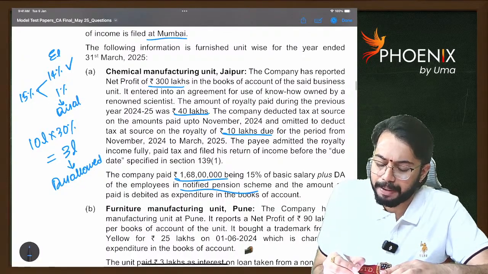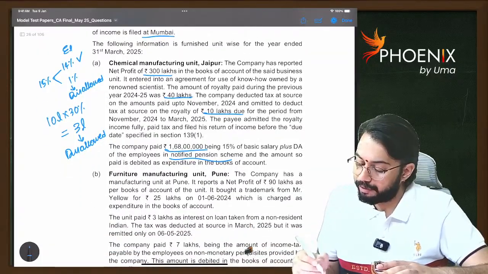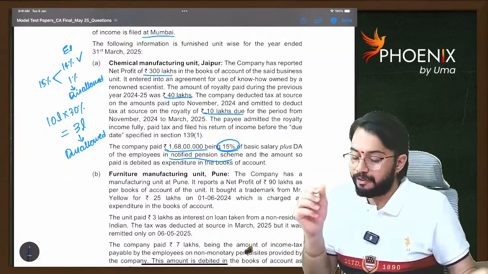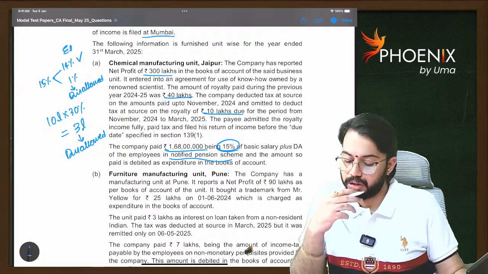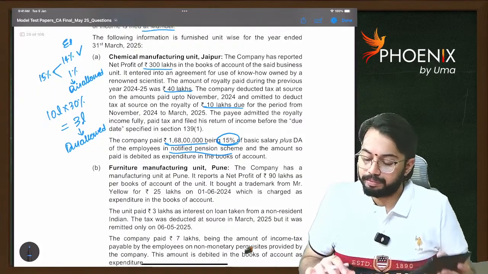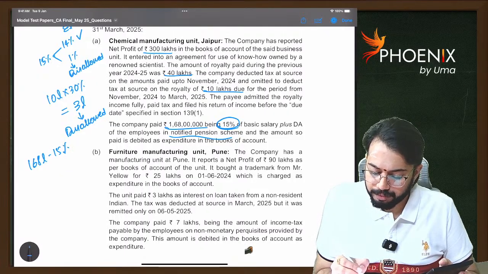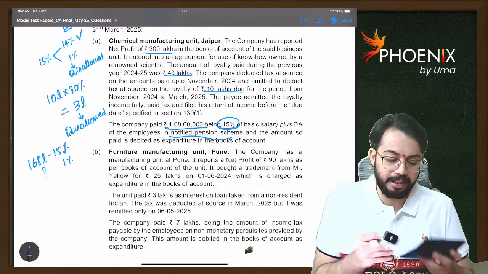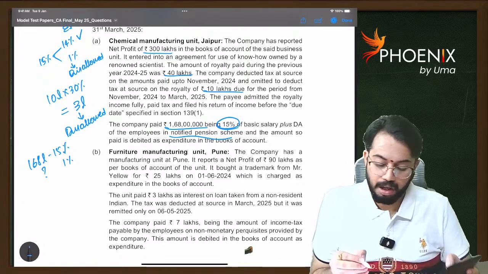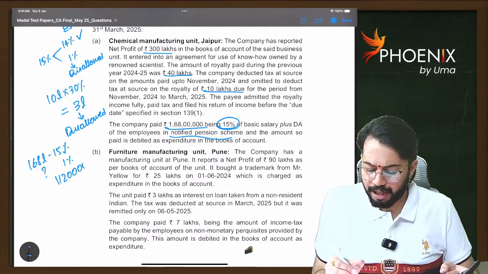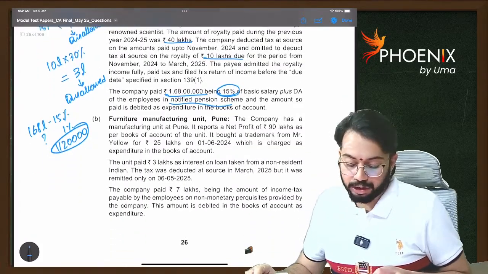How much is 1%? 168 lakhs is for 15%. How much is for 1%? 11 lakh 20,000. So 11 lakh 20,000 will not be allowed as deduction. It is to be disallowed.